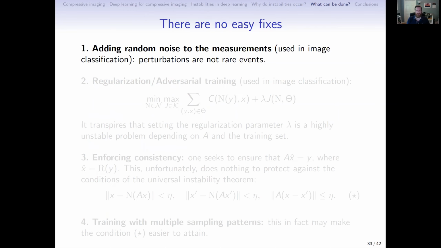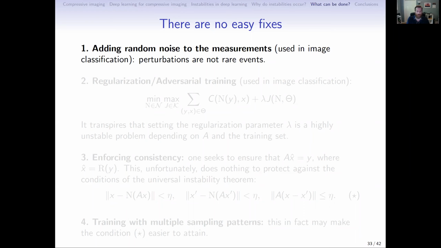When one becomes aware that an algorithm is unstable, the first thing to think is, is there an easy way to modify the algorithm to make it more stable?